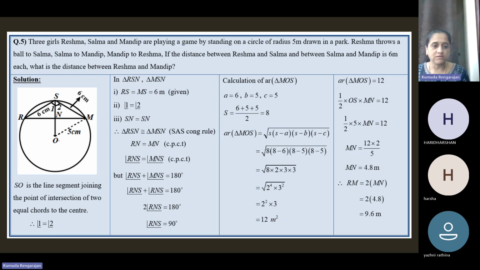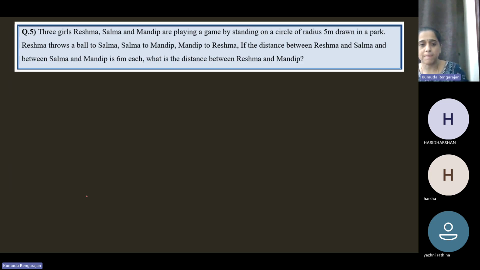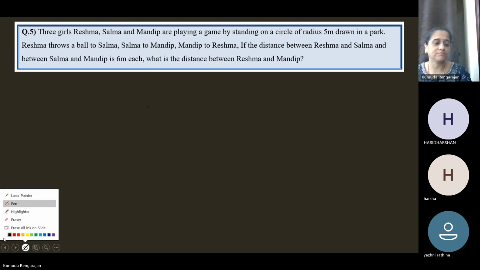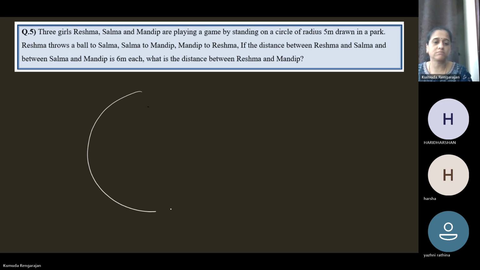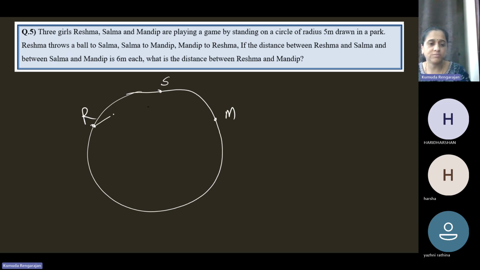Circular park, center, radius 5 meters. Reshma to Salma, Salma to Mandeep, Mandeep to Reshma.